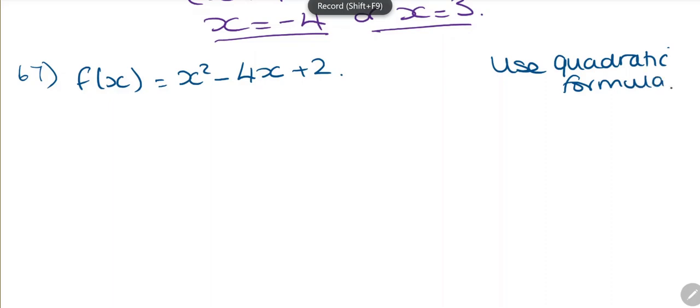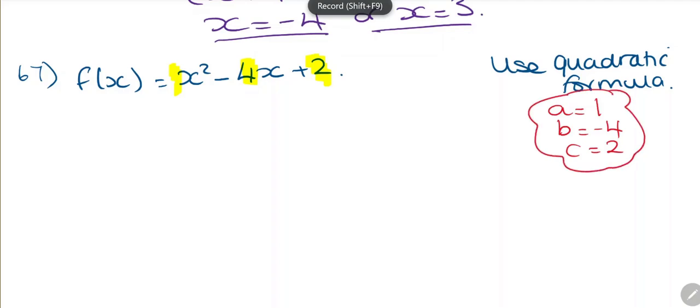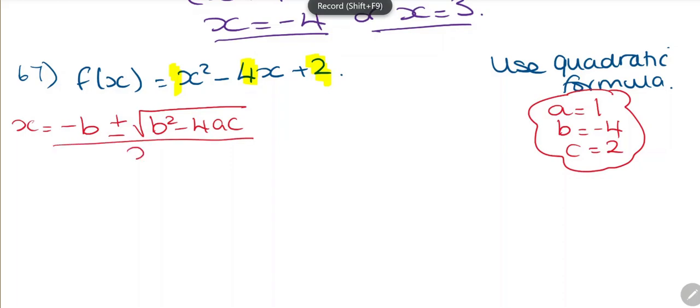So looking at our values, our a value is the x squared, so this is going to be 1. Our b value is minus 4 and our c is 2. And our quadratic formula is minus b plus or minus the square root of b squared minus 4ac, all divided by 2a.